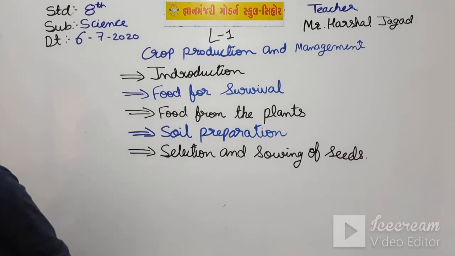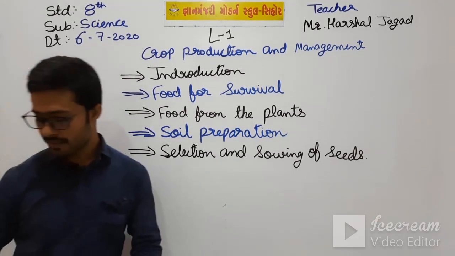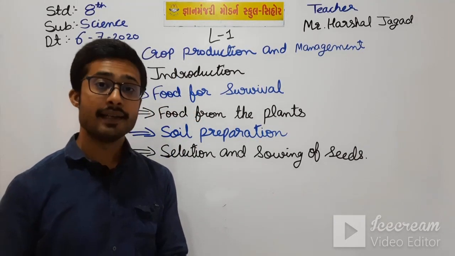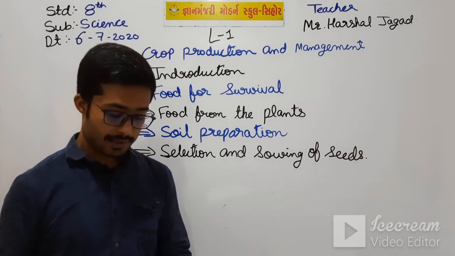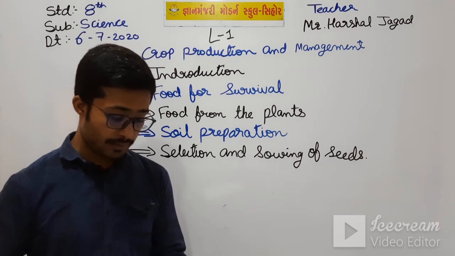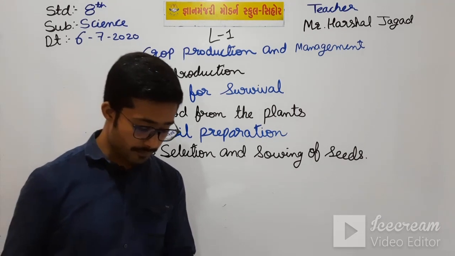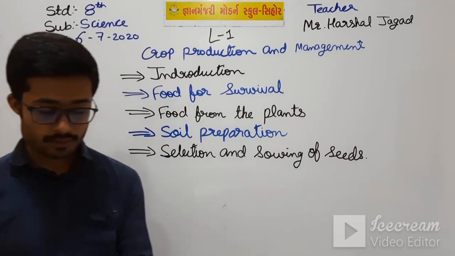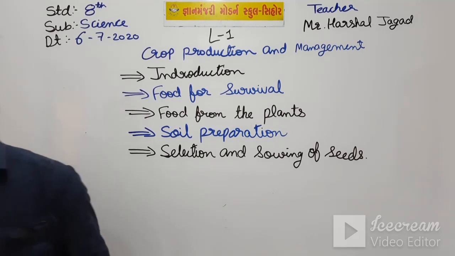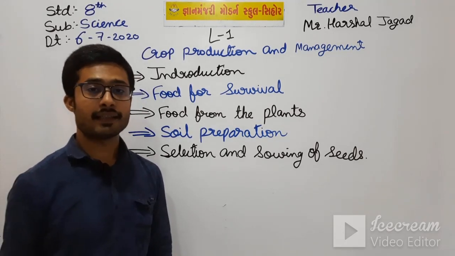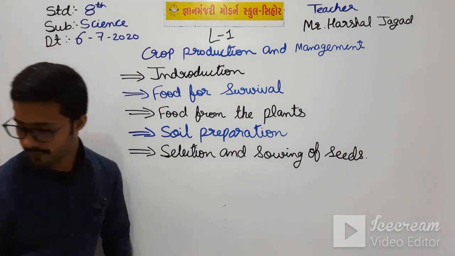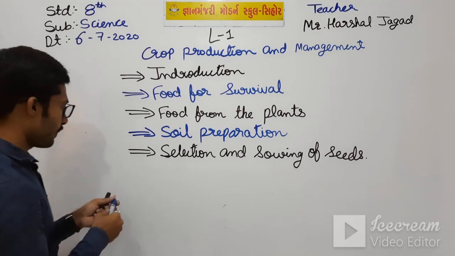In your textbook on page number 13 there is a picture of how manual sowing is done and how sowing by seed drill is done. Here the tool is attached to a tractor. This tool is known as the seed drill. Then there was an activity to separate unhealthy seeds from healthy seeds, and then we saw watering of the crops.